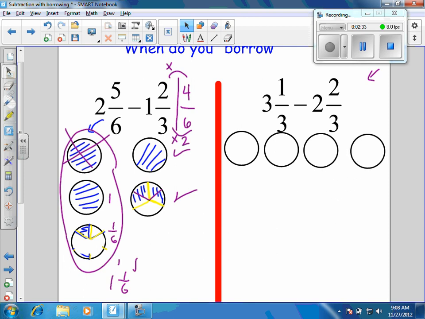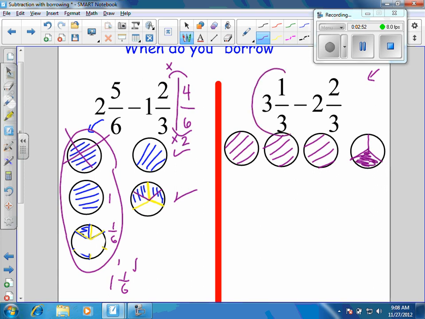Okay, so that would be 3 wholes, but only 1/3 of this pie, which would be about like this. So that's this number here. But the problem is, I want to take away 2 wholes and 2/3, and I don't have 2/3 here to take away. Yeah, Sasha.